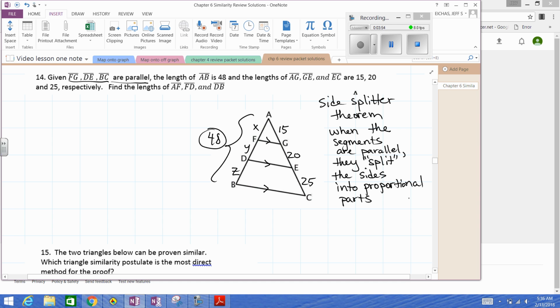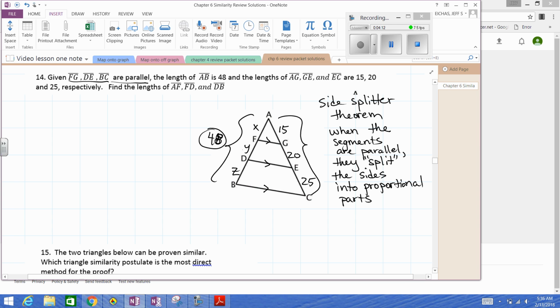So that's essentially our side splitter theorem. We're just trying to show you that X is proportional to 15, Y is proportional to 20. So we're going to use that, but we don't have any connection here until we saw the 48. So the 48's that whole side.